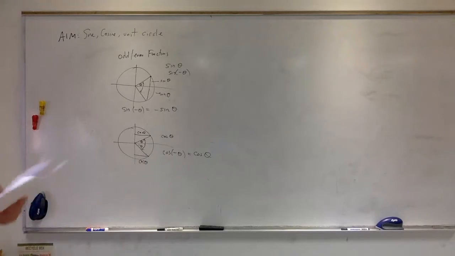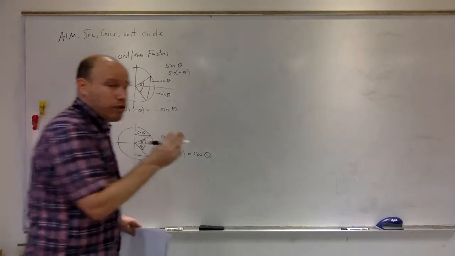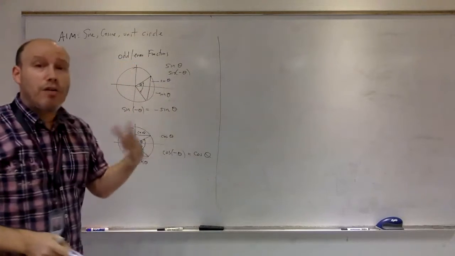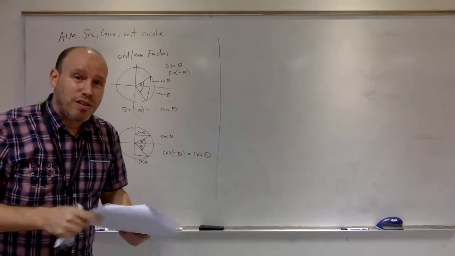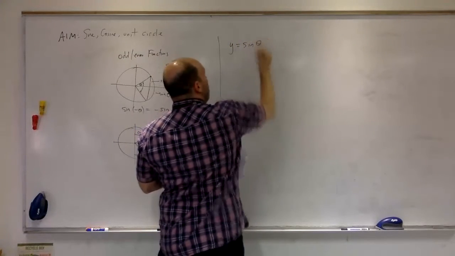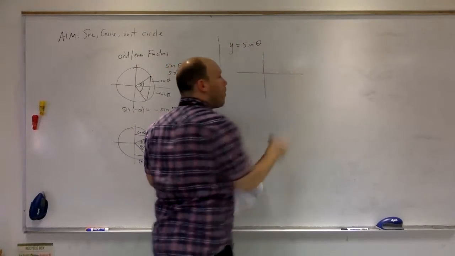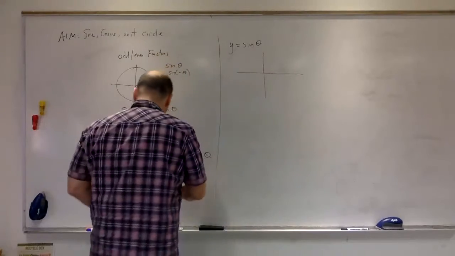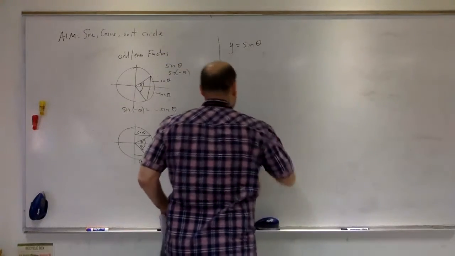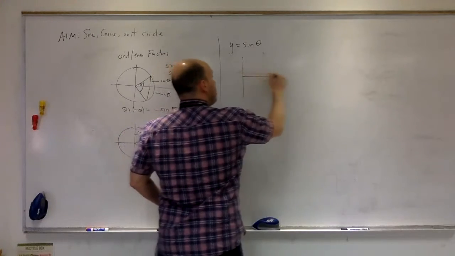Nice. Now, next, just quickly, from the unit circle, you can start to make a sine wave, because if we said that the sine function is the distance above or below the x-axis, let me write that again. We can start at 0 if we want.